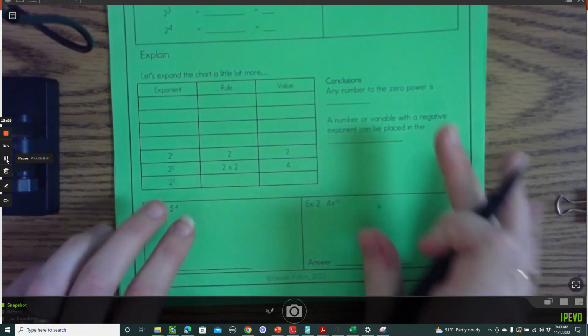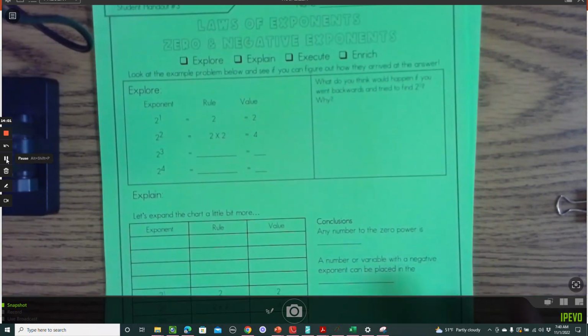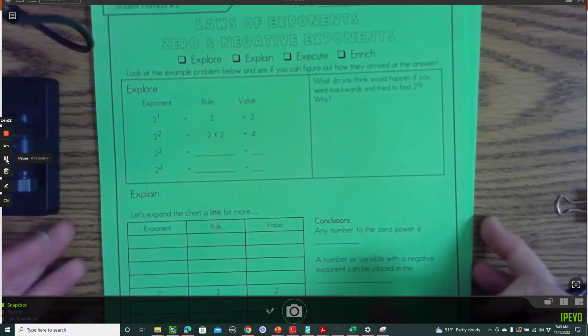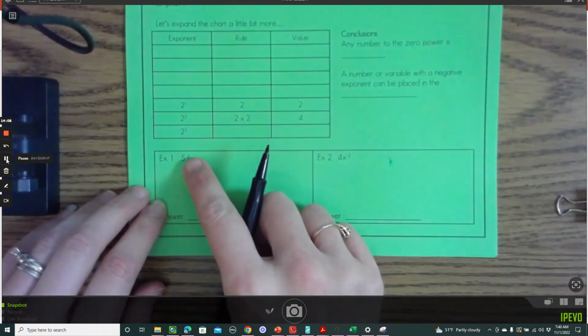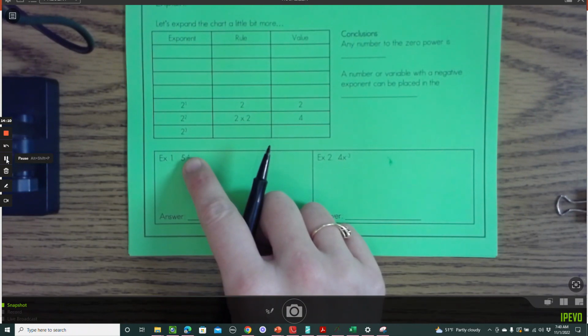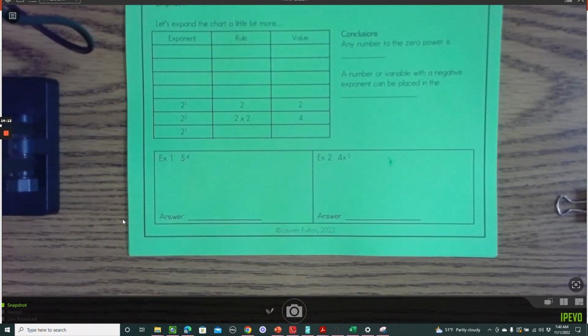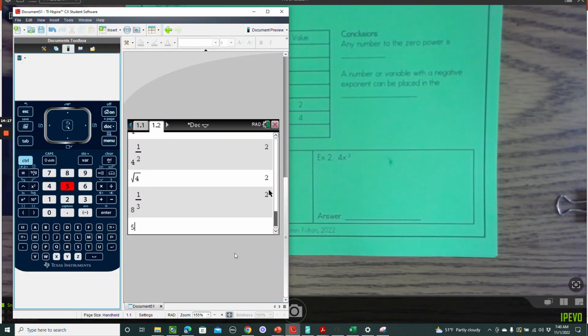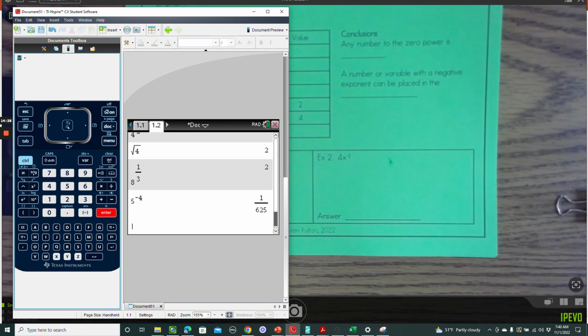All right, the last rule we're going to cover are zero and negative exponents. So again, we're just going to jump right into examples. All right, 5 to the negative 4th. Okay, what this means is, it looks a little bit different with variables, but these you can do in your calculator. 5, oh, why is it doing that? 5 to the negative 4th gives me 1 over 625.